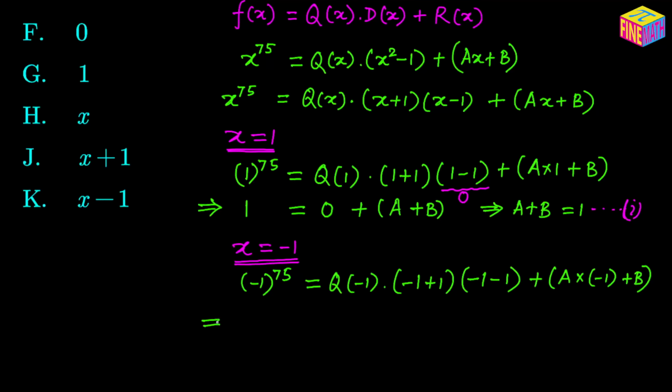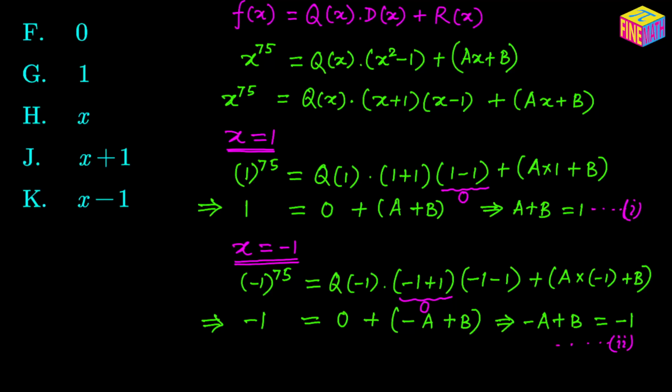And from here we can say, well, this is negative 1 obviously, because negative 1 raised to an odd power will become negative 1, is equal to this other term again becomes 0 right here. This factor is 0, so that means this entire first term is becoming 0. So then we can say this is 0 plus negative a plus b. And from here clearly we can see that negative a plus b is equal to negative 1, and that is our equation number 2.